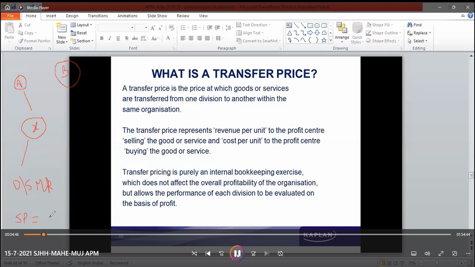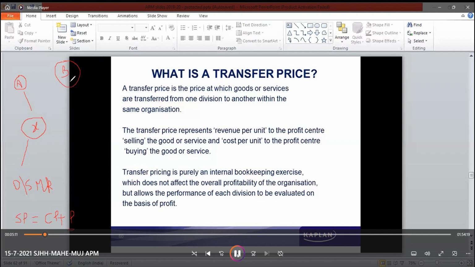If the internal department wants the material and the selling department charges the same selling price, the selling department would be fine, since its profit will be good. But for the buying department the cost will be high, because it also has to pay the other internal department's profit margin.